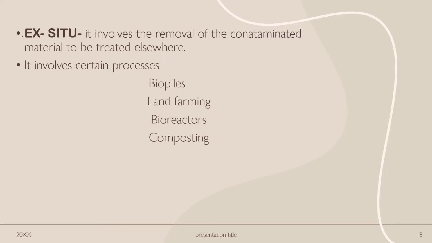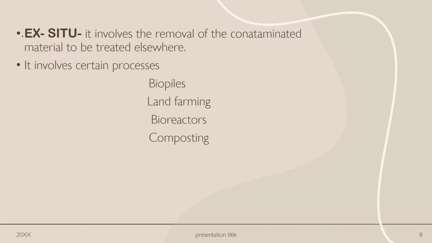Essentially, the engineered cells are constructed as aerated composted piles, and these are used for the treatment of surface contamination with the help of petroleum hydrocarbons. The third process is bioreactors.